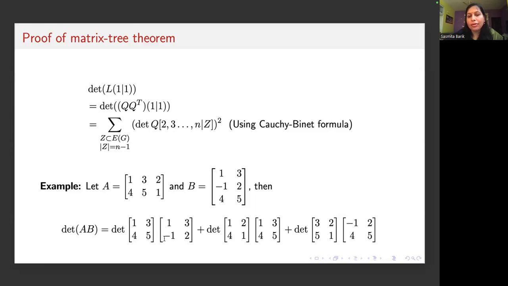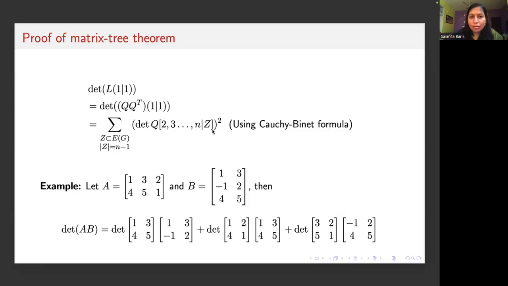This way you have written it as a sum, and because the product will give you squares, you will see how many such determinants are coming and which are non-zero, and those will contribute. And this is a submatrix of Q, and you can observe that it has determinant +1 or -1 or 0. So its square will be +1 or 0.